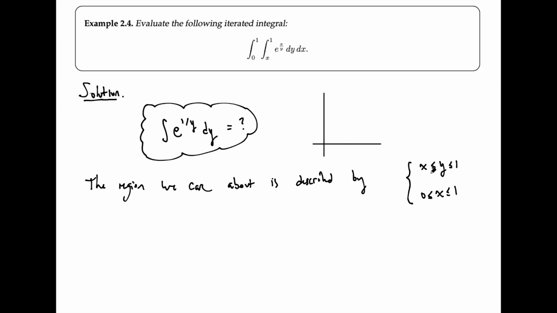Let me draw the boundary curves given by these inequalities. For example, one of the boundary curves is given by y equals 1, when I take this inequality and generate an equality expression. Y equals 1 is just the horizontal line with height 1.